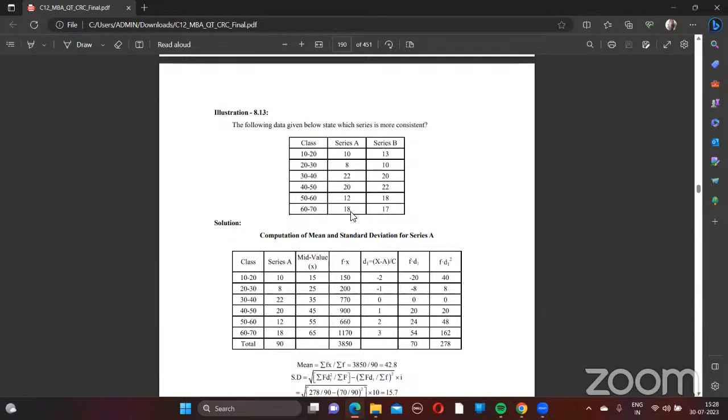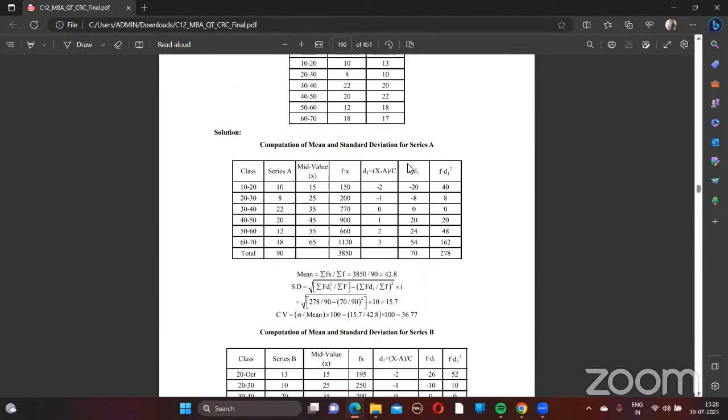If we take the example in that format, first we'll take the series A data with the same classes. We'll find out the mean and the standard deviation. You can see here the mean and standard deviation calculation for both the things. We'll be finding out the mid value as the first thing when the class interval is given. The middle value of this class, 10 plus 20 divided by 2, we will be getting 15 as the mid value, as x.